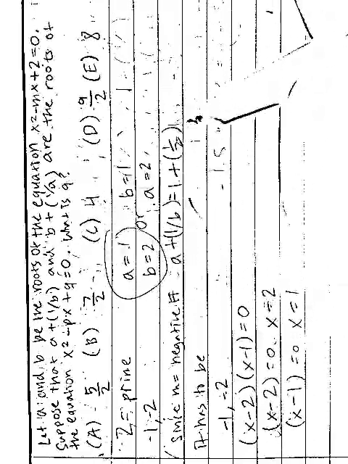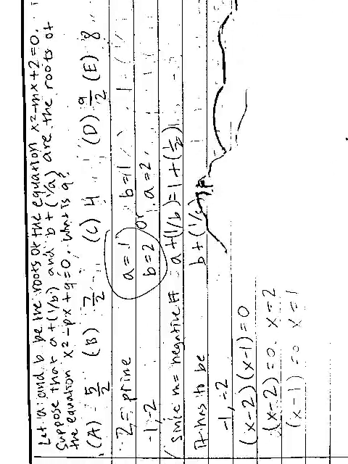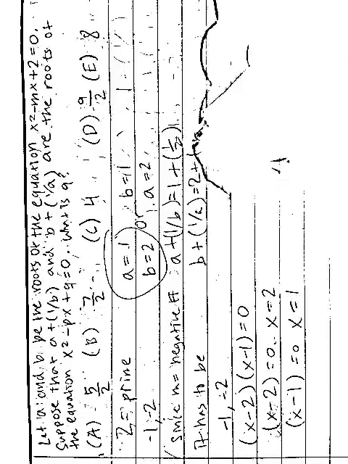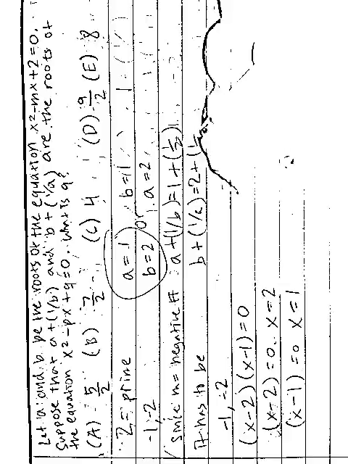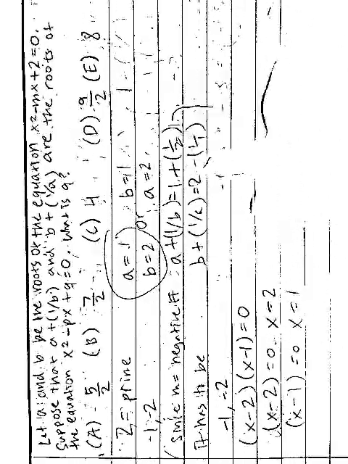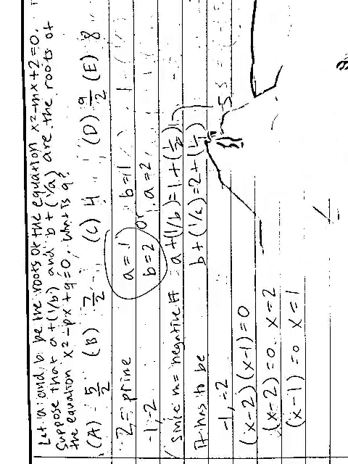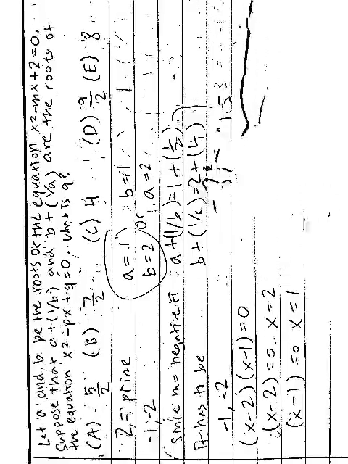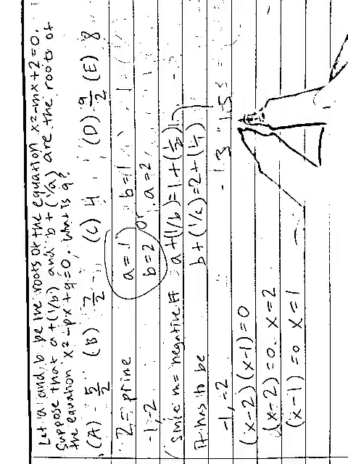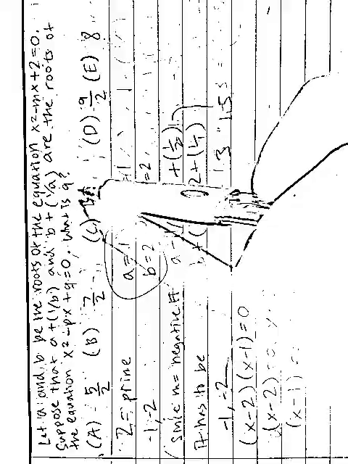And b plus 1 over a: b equals 2 plus 1 over 1, which is a. If you simplify these, 1 plus a half equals 1.5, and 2 plus 1 over 1, which is 1, so 2 plus 1 equals 3. So these are the roots of this equation, but now you have to find q.